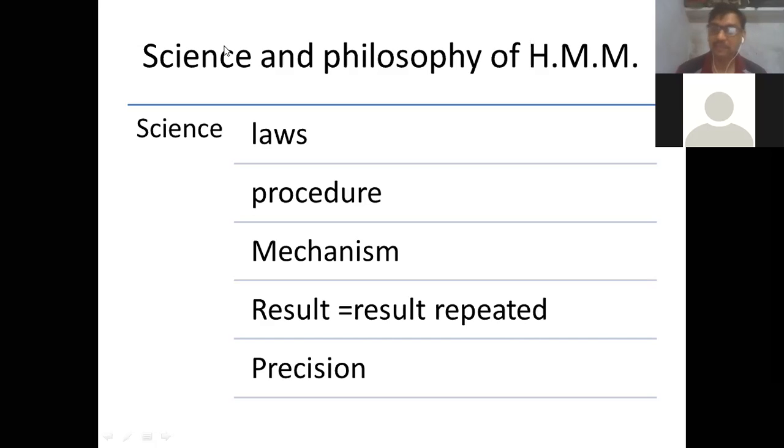And then the precision. Every science has its own tools of precision. So in homeopathic materia medica, what is the precision? The precision is the process of grading of symptoms. And this is the feature of science. Science is governed by laws, by procedure, by certain mechanisms.